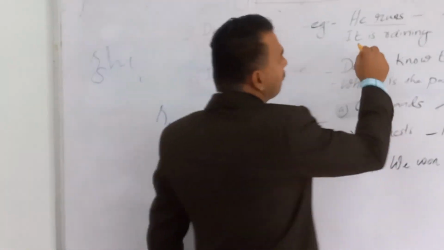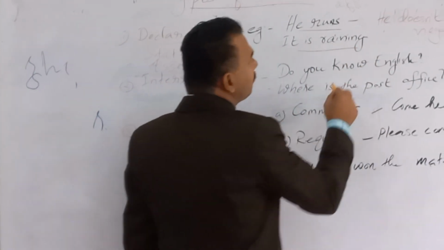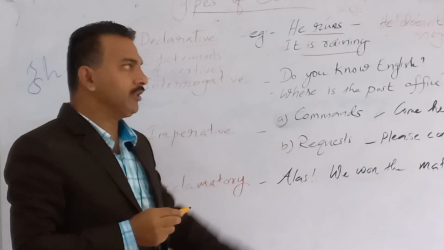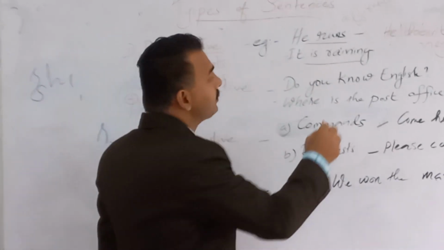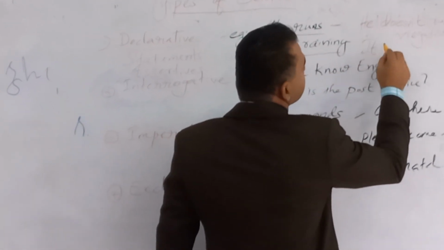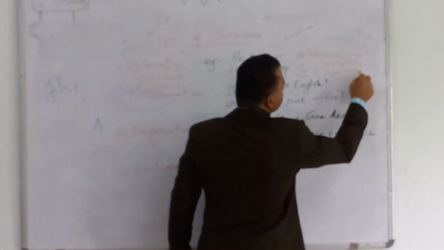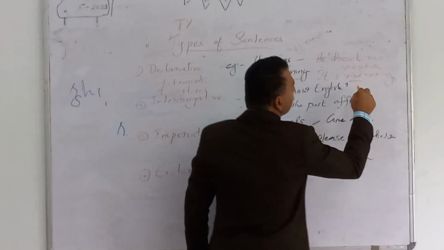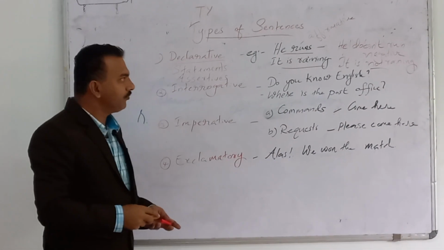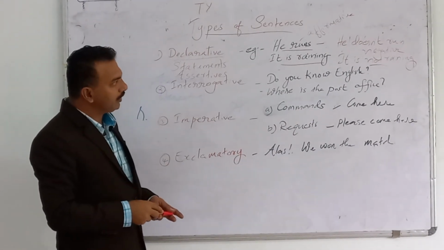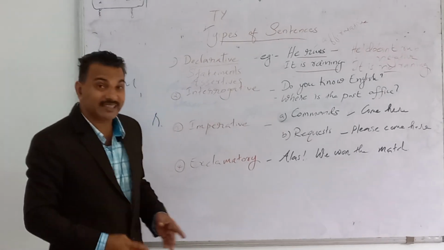It is raining. This is already affirmative. The negative is, it is not raining. But remember one thing: when you change into negatives, we contract the form.